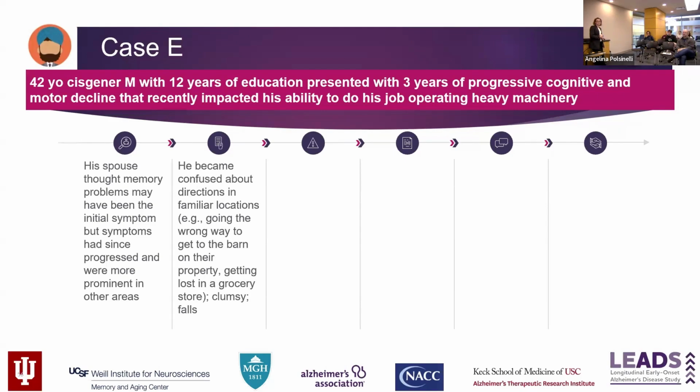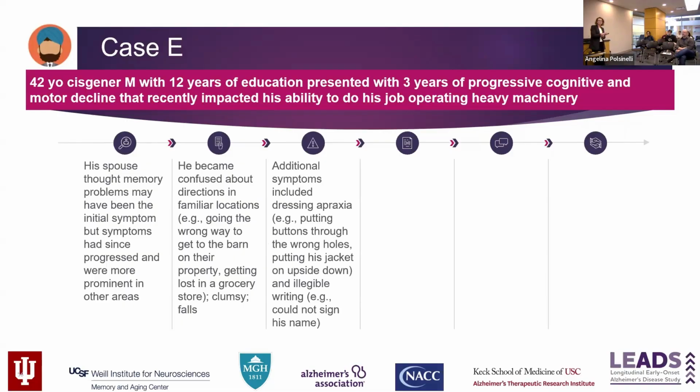He had become confused about directions, and not just getting in the car and going somewhere, but he couldn't find his way to the barn, which was on his property. He would get turned around and lost in a familiar grocery store, one that he would go to all the time. He was also clumsy and was falling more frequently.